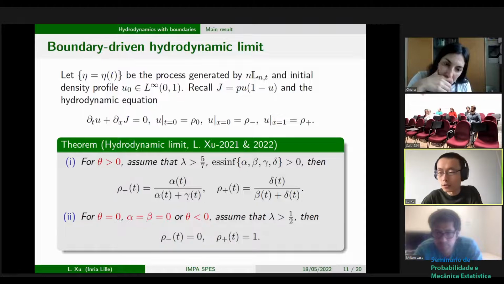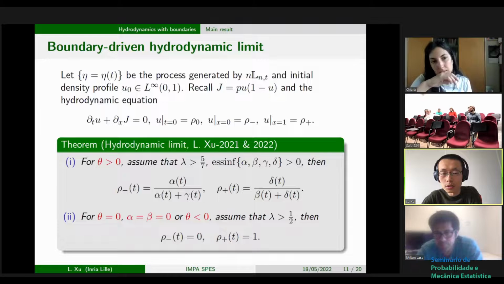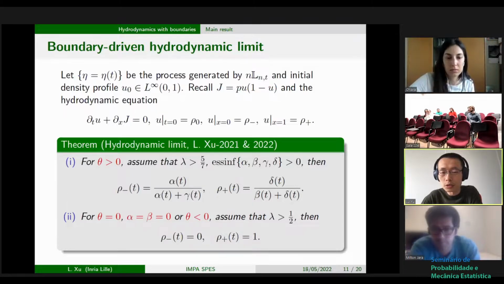At least in my proof, assuming the boundary data is smooth in time doesn't help anything. So the proof is the same.